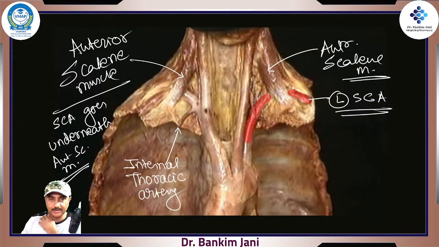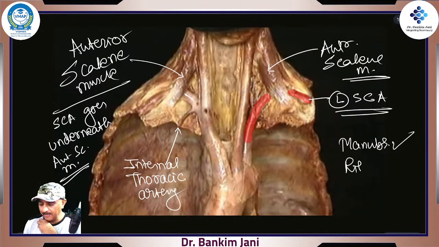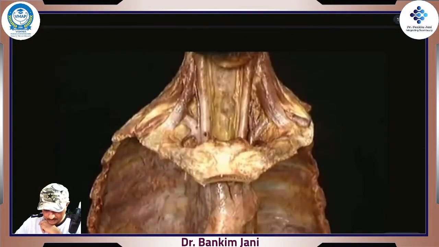So to see this with still better clarity, we put back the manubrium and first rib, rib number 1, to see its exact relation. Here we now see very clearly two things which we have to watch.